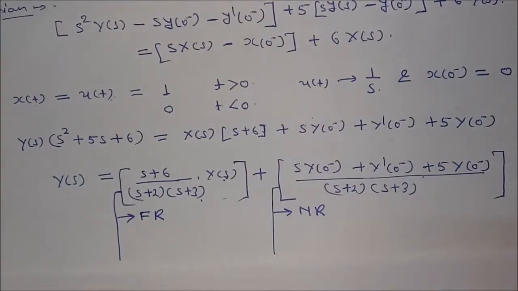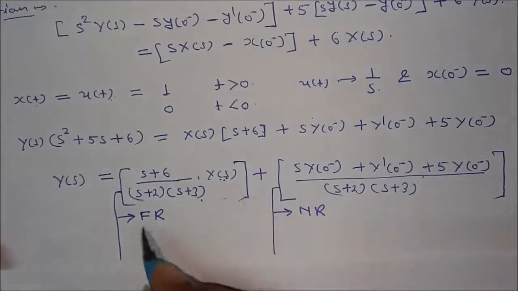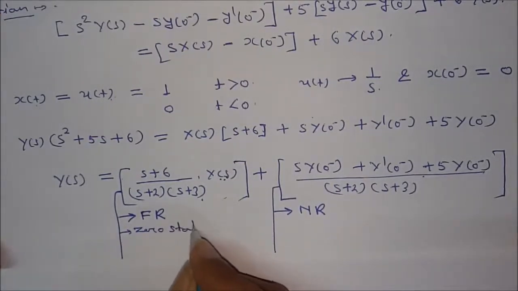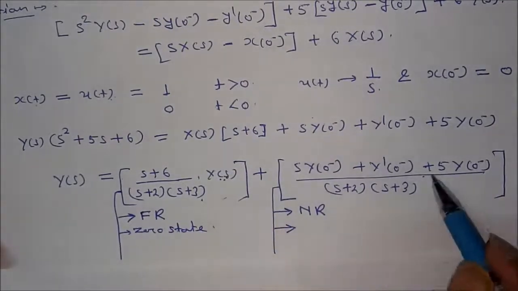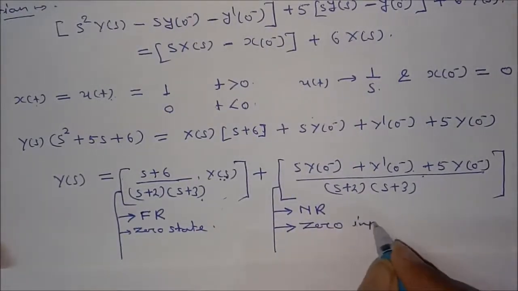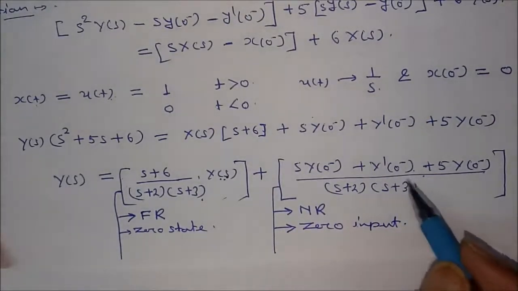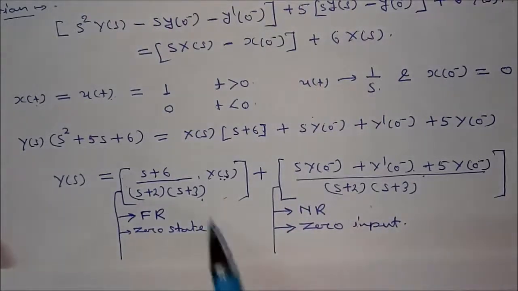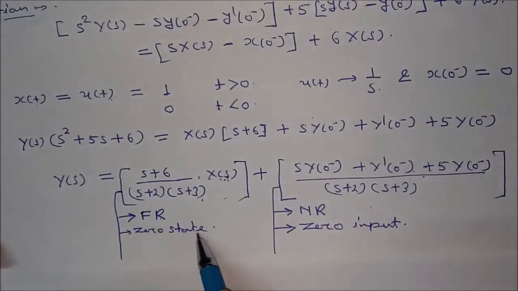If the response is only due to the input signal, this is also known as zero state response. If the response is only due to the initial condition, this is also known as zero input response. These are some names for these responses. So whenever the response is only due to the input or supply, that is known as forced response or zero state response.